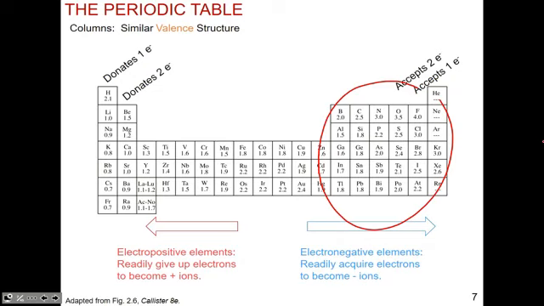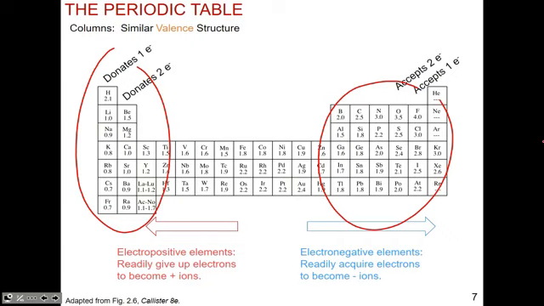So that means anions from this side tend to react with cations from this side, and that means the elements on the left side of the periodic table tend to be cations. They want to give up the electron, either 1 electron or 2 electrons, and then, of course, the elements on the right will become anions, and they will accept those electrons in such a bonding. And that's denoted here.